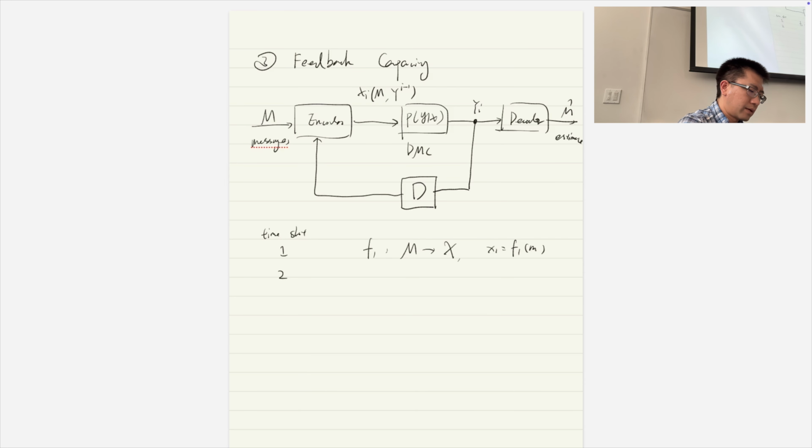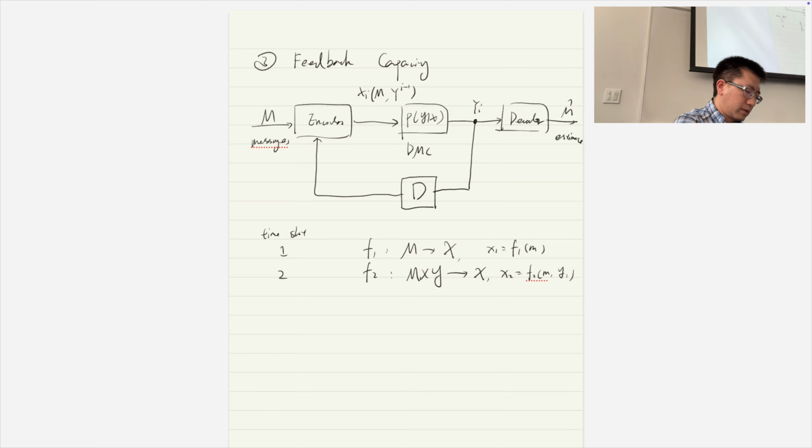And then in the second time slot, we have another encoding function. The input would be m and y1, and we encode that as a codeword, so x2 equals f2 of m and y1, and so on.